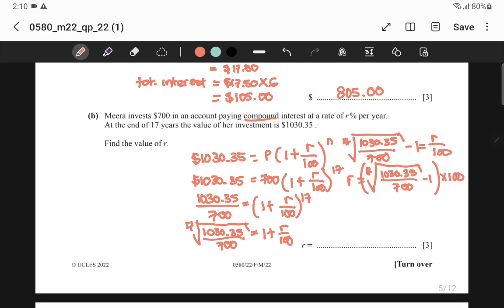So 1030.35 divided by 700, and then the 17th root of the answer, and then minus 1, and then times it with 100. Ding. So basically the answer will be 2.3.